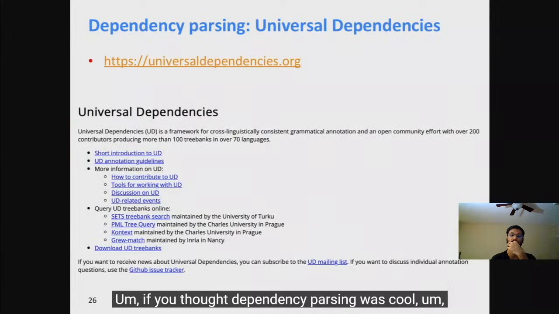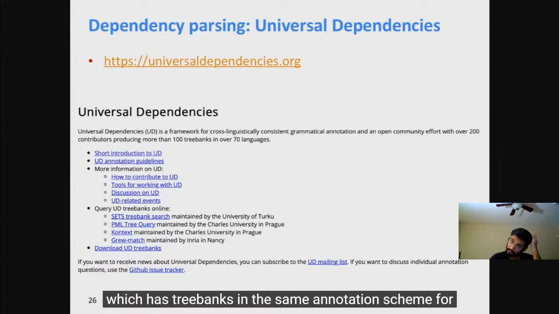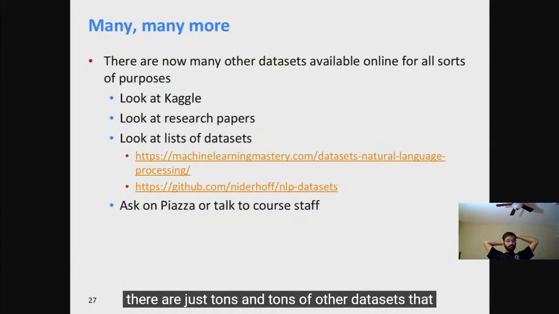If you thought dependency parsing was cool, there's the Universal Dependencies site, which has tree banks in the same annotation scheme for about 60 different languages, and you can work on parsers for different languages and things like that. I'm not going to bore you with going through all of them, but there are just tons and tons of other data sets.